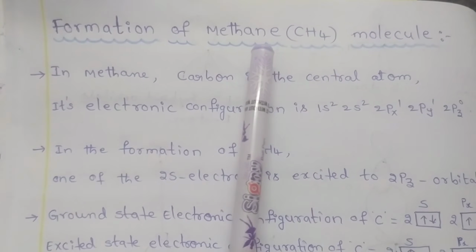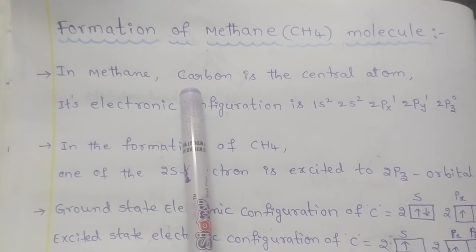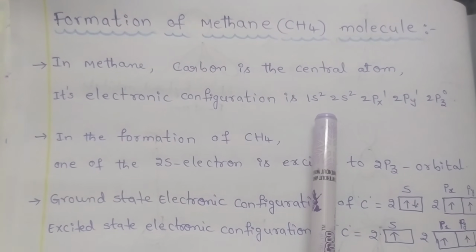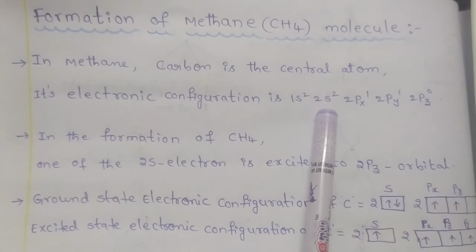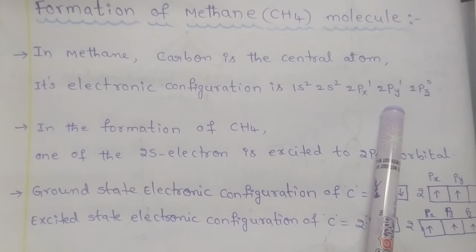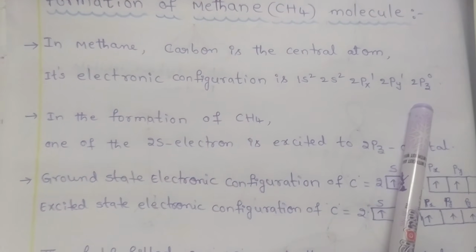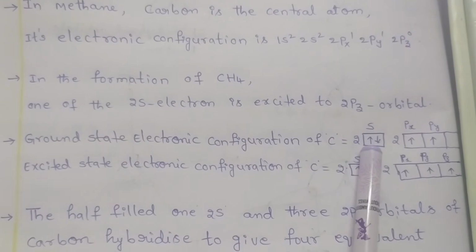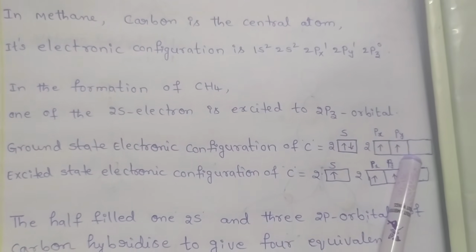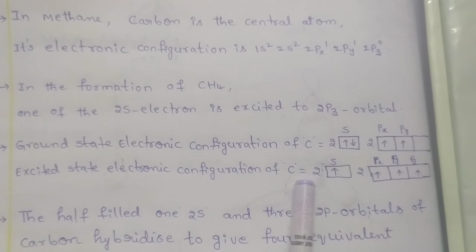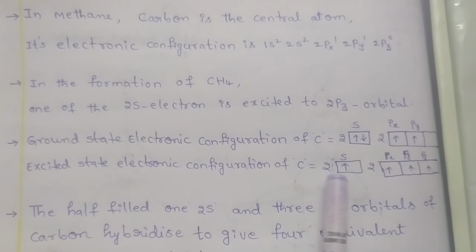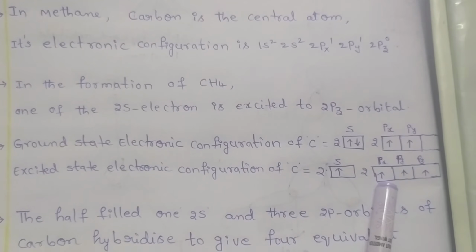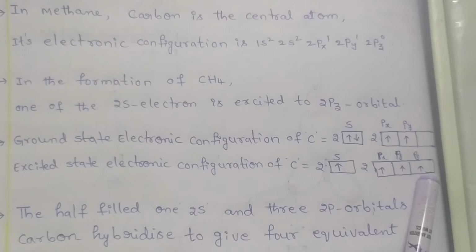Formation of methane molecule. In methane molecule, carbon is the central atom. Its electronic configuration is 1s2, 2s2, 2px1, 2py1, 2pz0. When one of the 2s electrons is excited, it goes to the pz orbital. Now, in the excited state, the carbon has one 2s electron and single-filled 2px, 2py, 2pz orbitals.